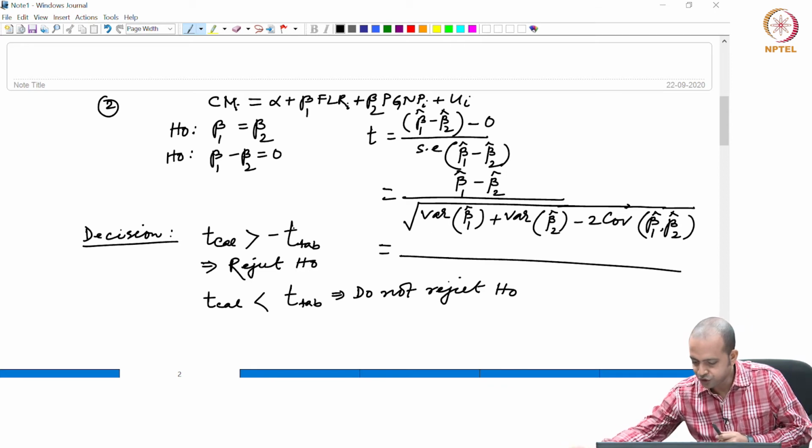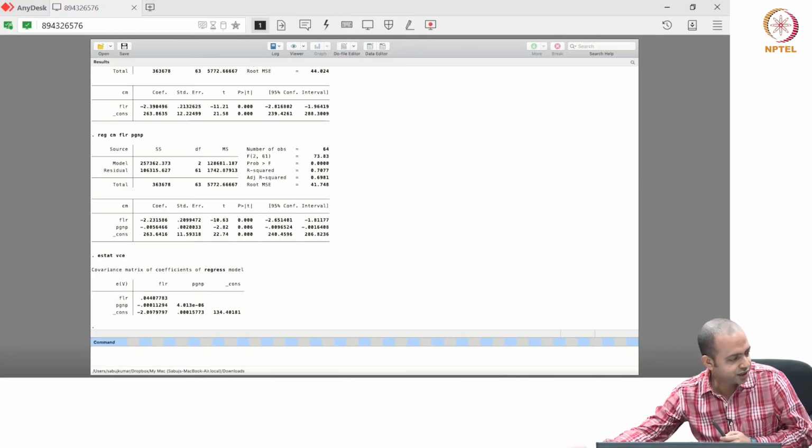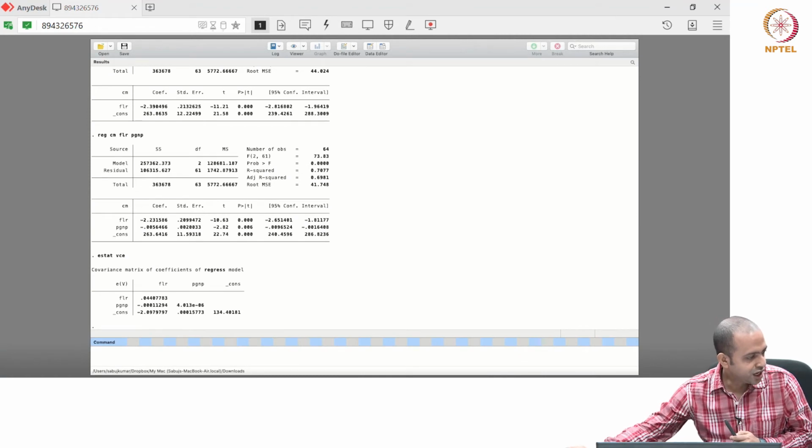So, beta 1 hat minus beta 2 hat in the numerator, and beta 1 hat is basically minus 2.23, minus 2.23, then again minus of this. So, it will become plus 0.005.